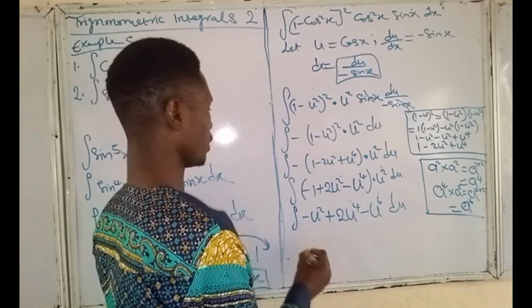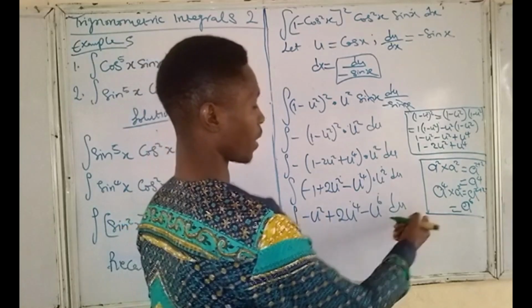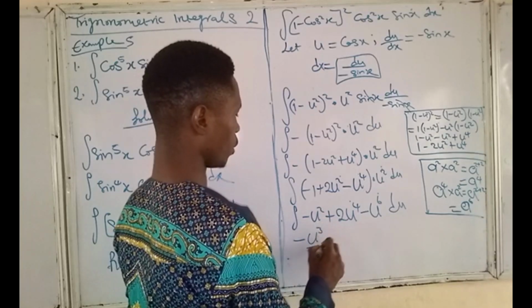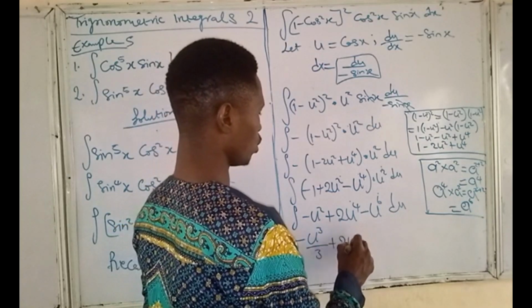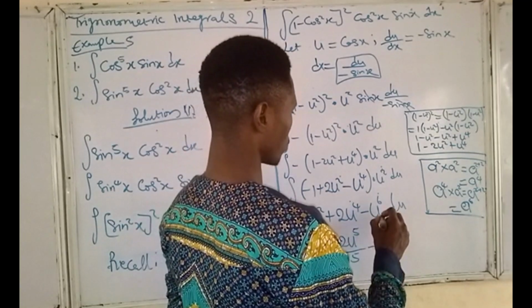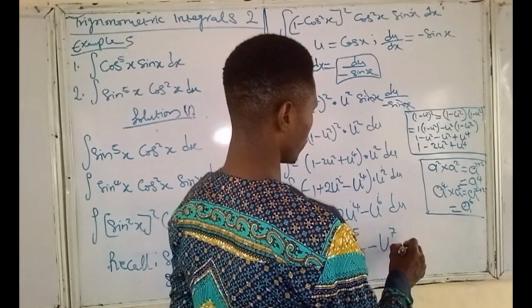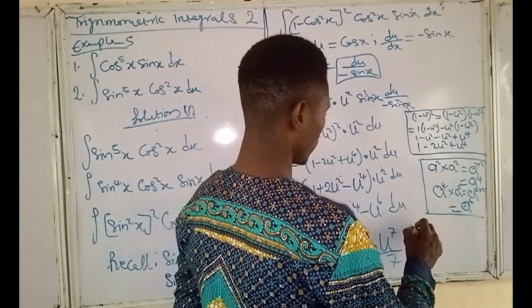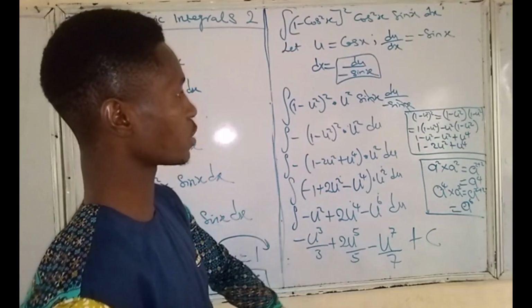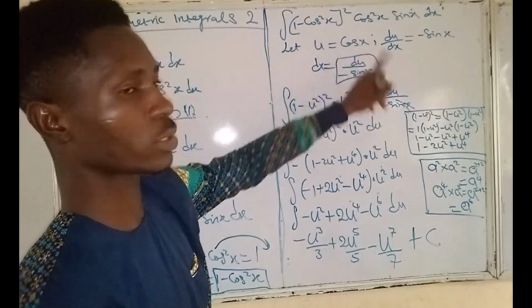So finally, if we integrate this, we're going to be getting, remember the powers are increasing by 1 and we are dividing by the powers. So this is going to give us minus u cubed all over 3 plus 2u raised to the power of 5 over 5 minus u raised to the power of 7 over 7 plus c. So we would have left it here, but just for clarity, recall that we say that u is equal to what? Cos⁵x.